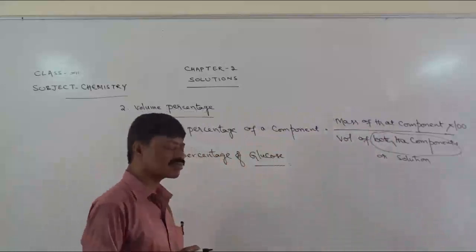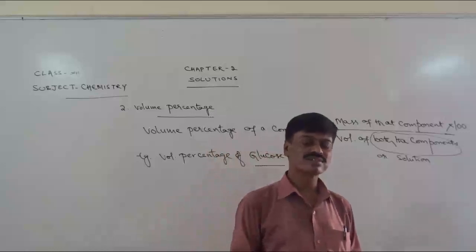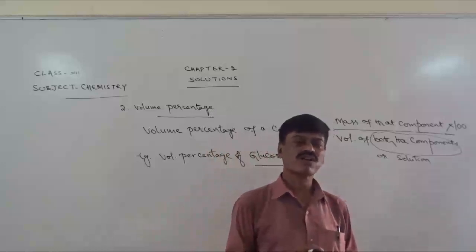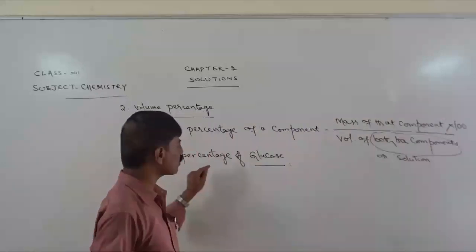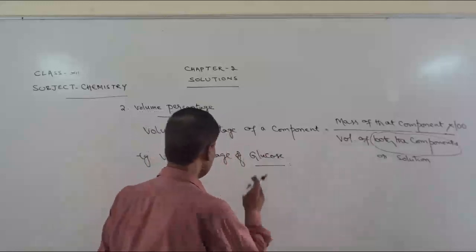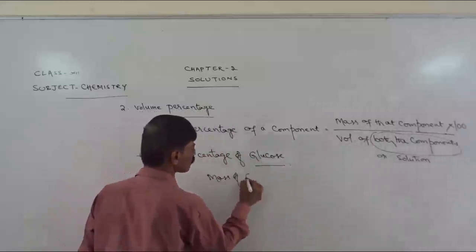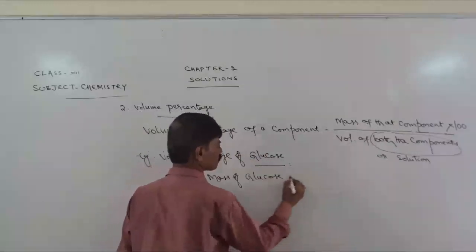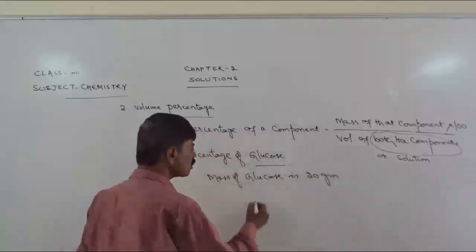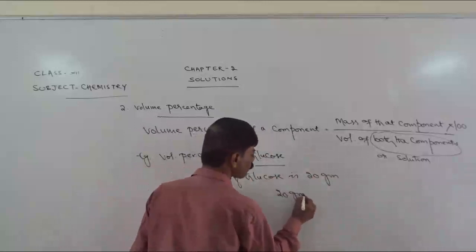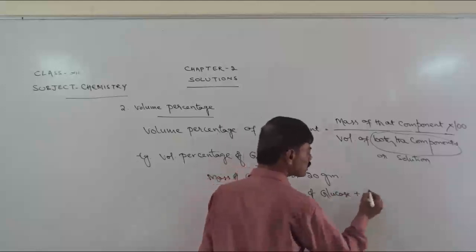Here to 20 grams of glucose directly we are not going to add 80 ml of water, because mass of the substance, volume of water will not be equal in the case of all substances. So when we want to calculate volume percentage of glucose, if mass of glucose is 20 grams, then for that 20 grams of glucose, we will add distilled water continuously.